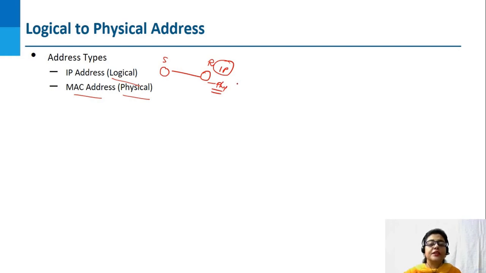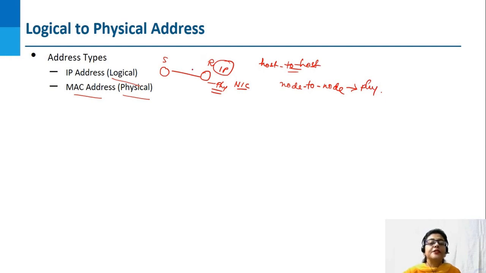This physical address is the NIC, or network interface card, address that is given by the manufacturer and installed within the computer. With the help of the IP address, host to host transfer can take place, but node to node delivery is possible only with the help of the physical address.